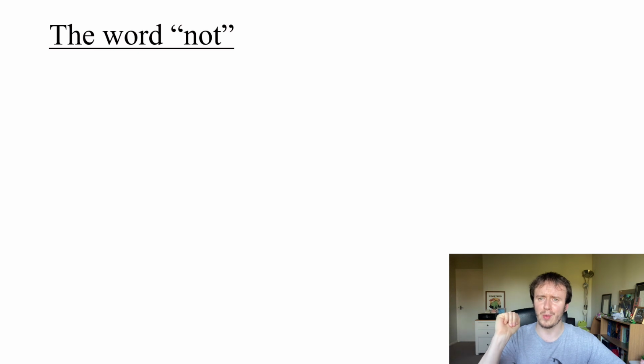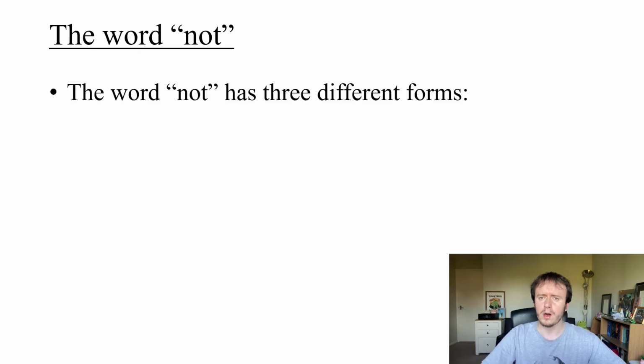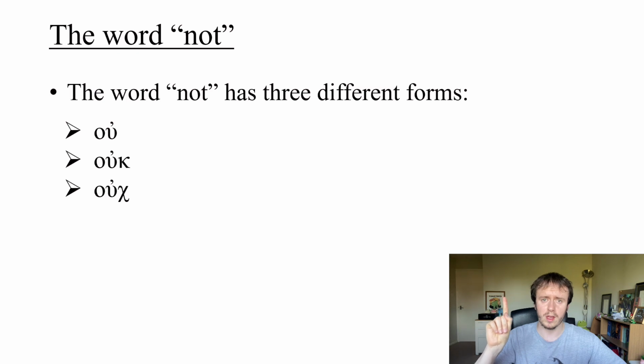So let's start by talking about the word not in Greek. The word not, as I've already suggested, has three different forms, and these are ou, ouk, and ouch. Now, which of these three forms of ou is used depends upon which letter the word that follows ou begins in.